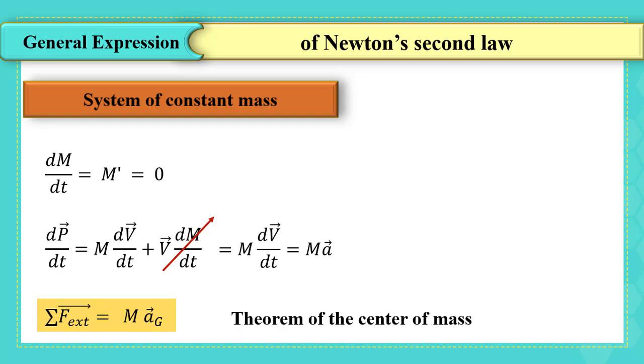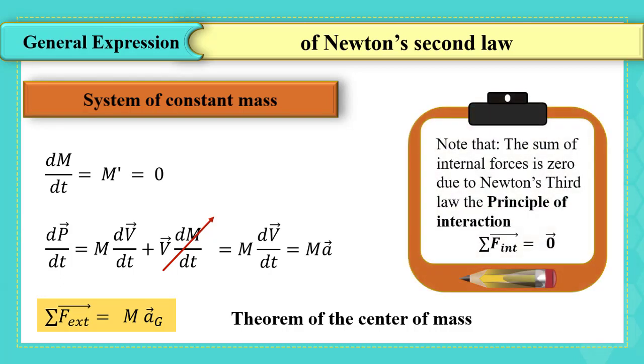Then the sum of F external equals the mass times the acceleration of the center of mass G. And this is the theorem of the center of mass, keeping in mind that the sum of internal forces between the particles of the system is 0.